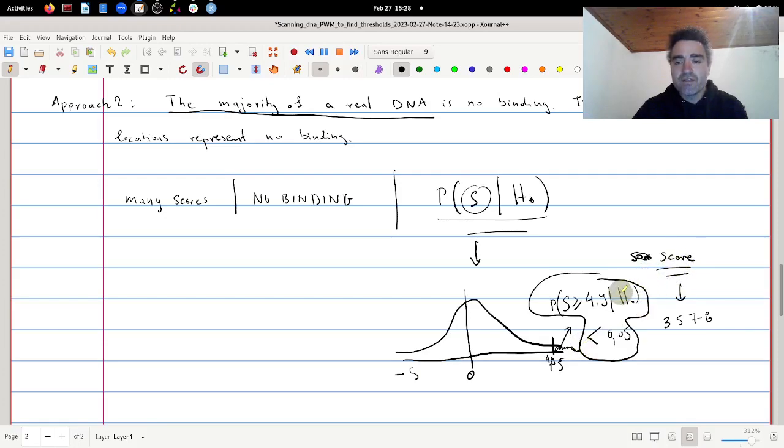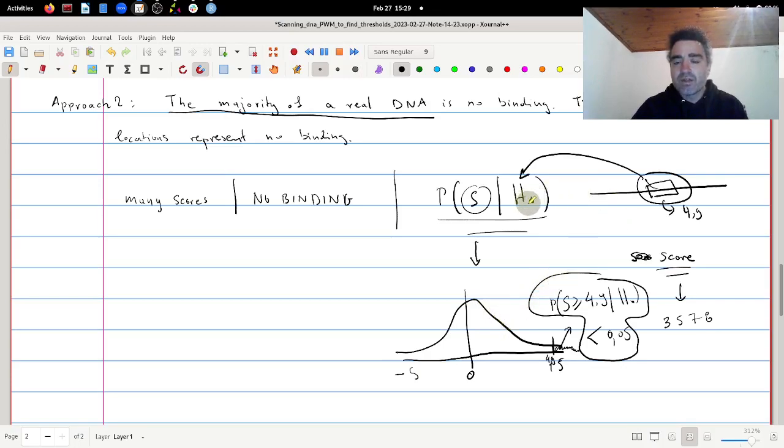So what we have done in this hypothesis testing is the following. We have this score that we have taken from this position. We have applied the position weight matrix here and calculated the score, and this was 4.9. And now we assume that this position comes from the null distribution, from the null hypothesis, which means that this position is not a binding site, but a location that has been obtained from this probability distribution.